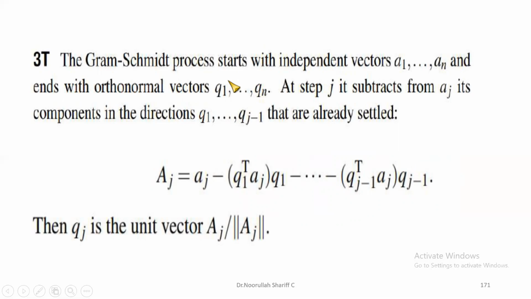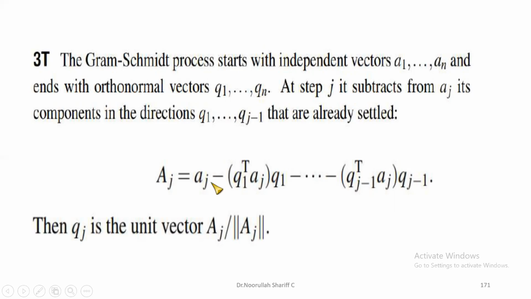The Gram-Schmidt process, we are just trying to represent the same thing in a closed form. The Gram-Schmidt process starts with the independent vectors A1 to An and ends with the orthonormal vectors Q1 to Qn. At step j, it subtracts from Aj its components in the directions Q1 up to Qj minus 1 that are already settled, that are already found. Settled just means found.